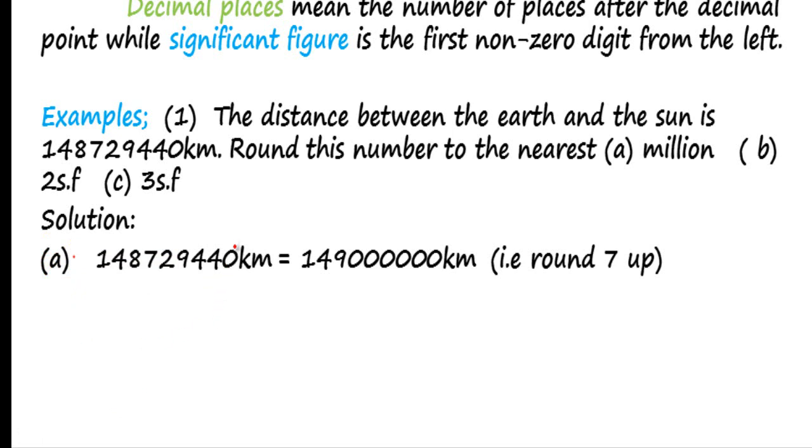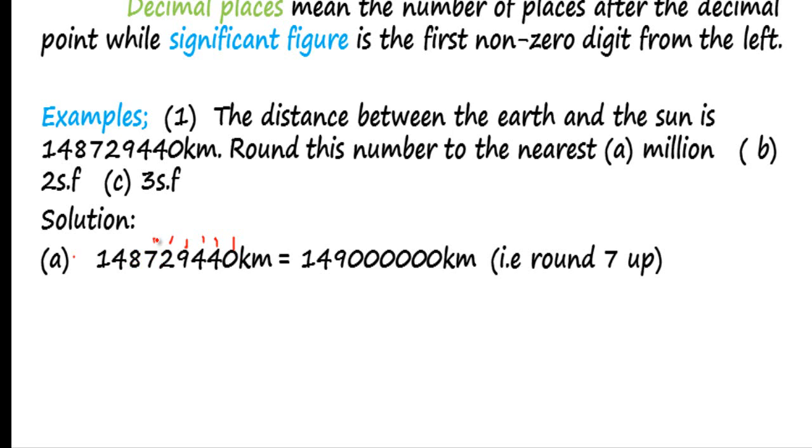That means you are going to count 6 from the right, which is 1, 2, 3, 4, 5, 6. So 6 falls on 7, and that means you are going to round 7 up and add 1 to 8. Are you getting it now?